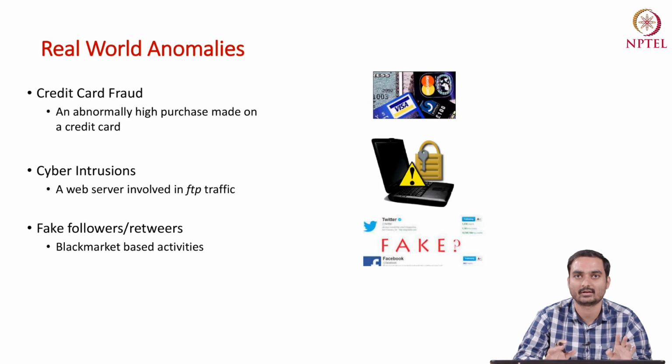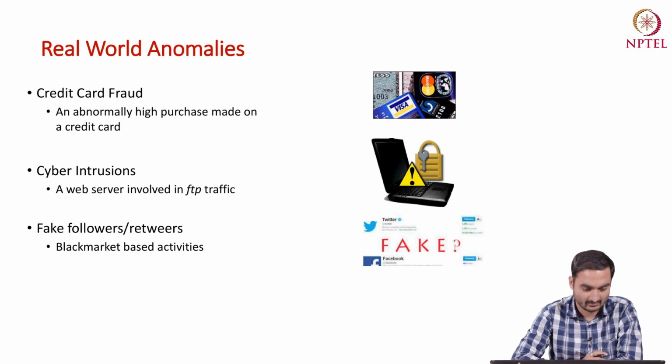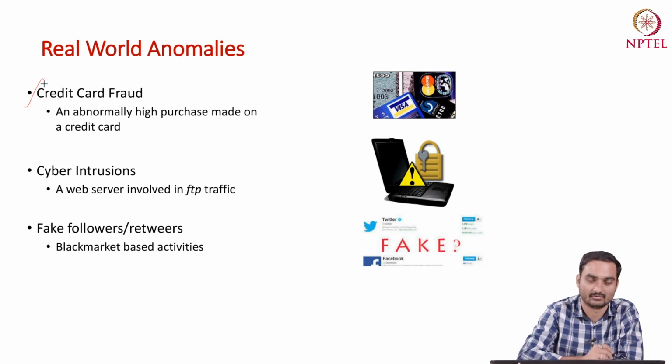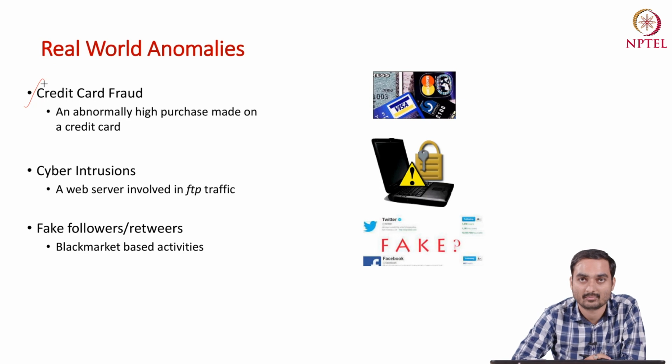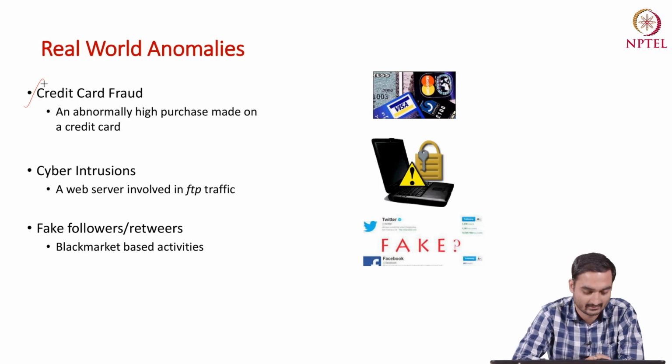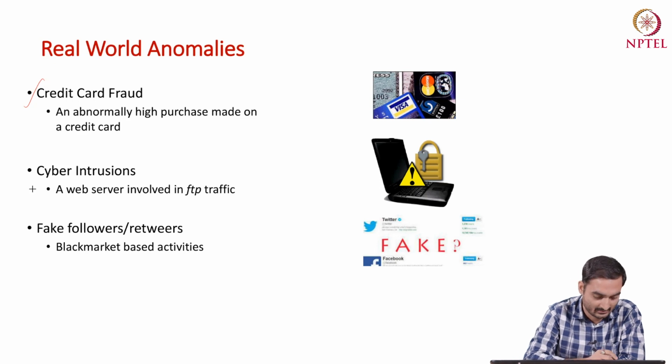We will particularly look at social networks, but the techniques that we will discuss might also be useful for other kinds of networks as well. Now let us look at some real world applications. Credit card frauds: if you look at an abnormally high purchase made through a credit card, you can say that this is a kind of anomalous behavior.